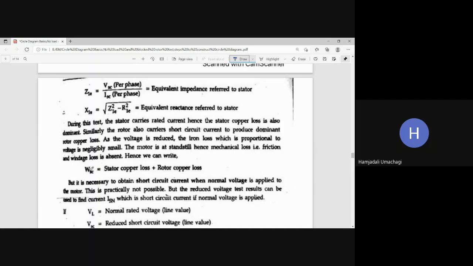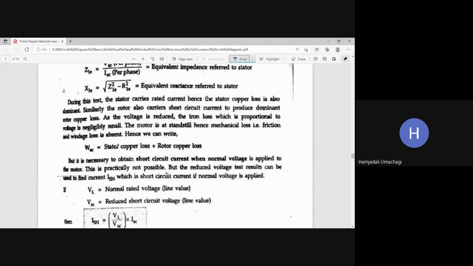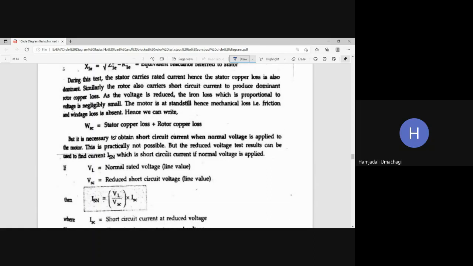So WSC in the block rotor test gives the information of copper loss taking place in the stator part and the rotor part of the induction motor.